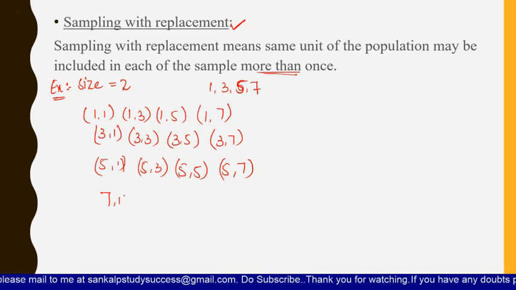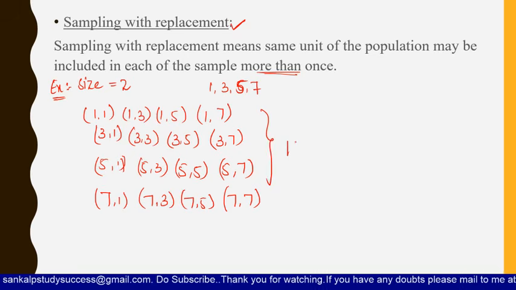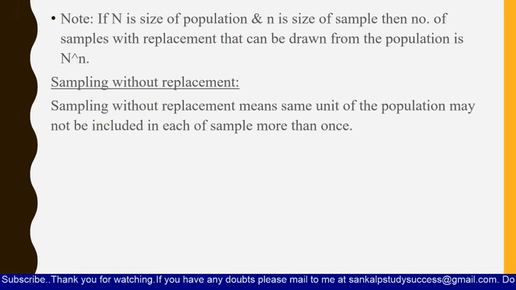Again with the 7: 7,1; 7,3; 7,5; 7,7. So we have 16 possibilities. That means sampling with replacement gives 16 samples for the 4 numbers we have taken, with size 2. Now let us see sampling without replacement. Before that, we will see a note.